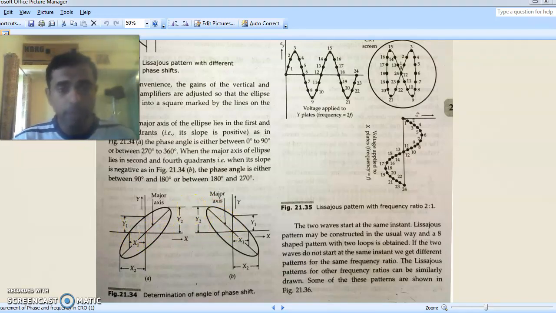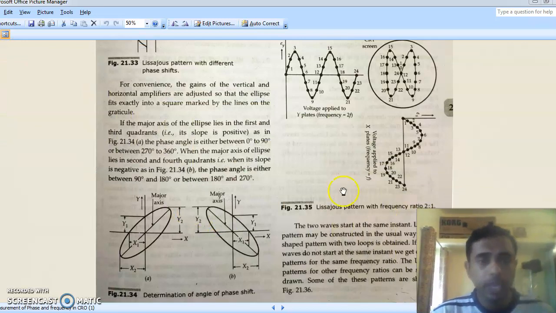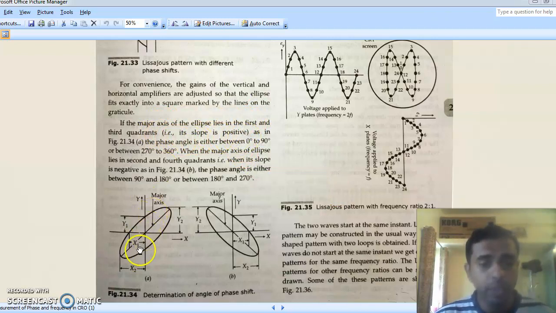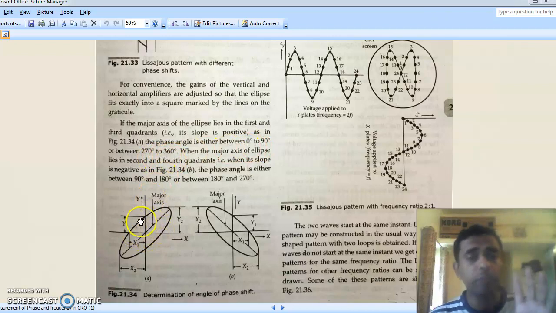If the major axis of the ellipse lies in the first and third quadrant, that is, the slope is positive, as in this figure 21.3a, the phase angle is between 0 and 90 degrees or between 270 and 360 degrees. So from this figure itself you have to make a conclusion.